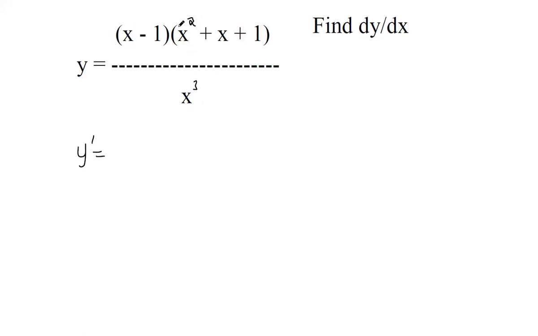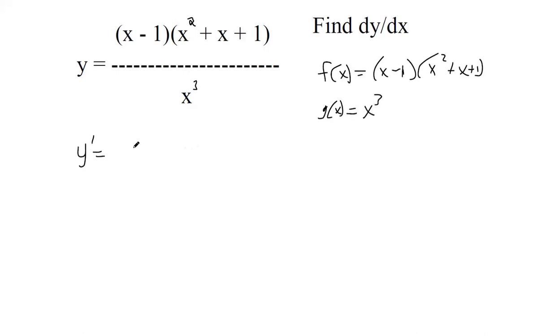And if you were to use the quotient rule, it says it's the derivative of the top function. Now the derivative of the top function also needs a special rule, it needs the product rule, okay? So here, we'll call f of x the top function, x minus 1 times x squared plus x plus 1, and we'll call g of x the bottom function, x to the third.